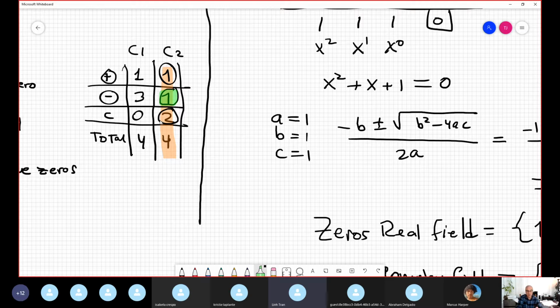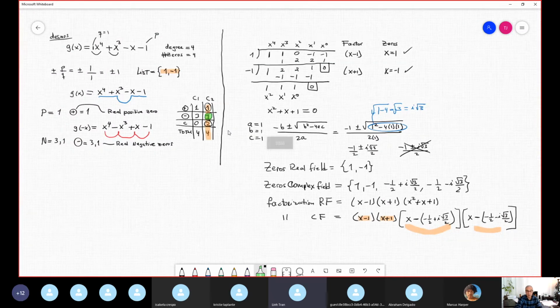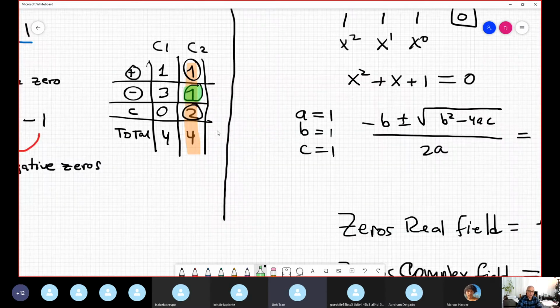But only one. So how do you know? Well, I have no idea. I start with synthetic division, bam, bam, bam, and I discover one real positive, which is 1, and one real negative, which is negative 1. And the other ones, we need to complete the polynomial because the degree of 4, are complex. So actually, the column that is valid in this example is column 2. That is the reason I highlight this column. Super good or super bad?